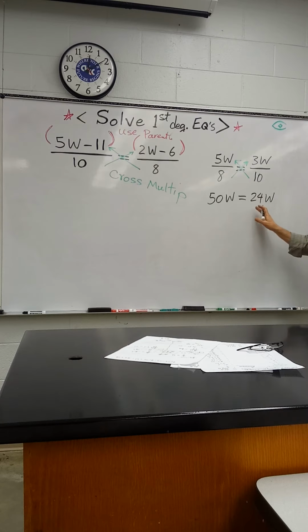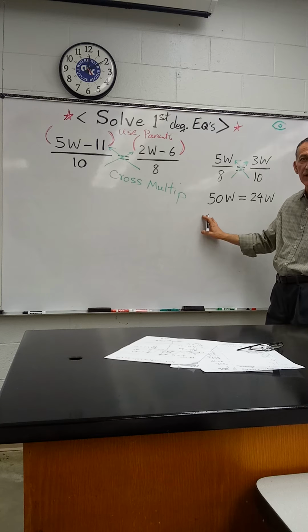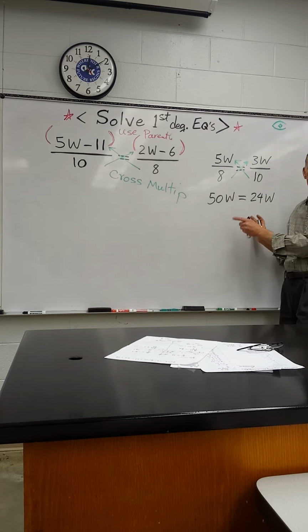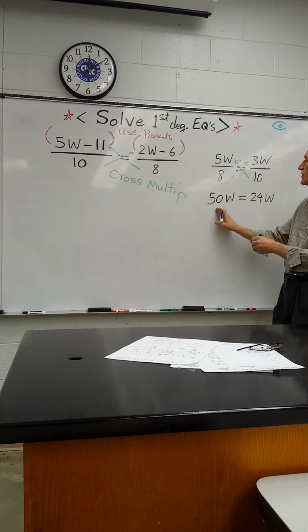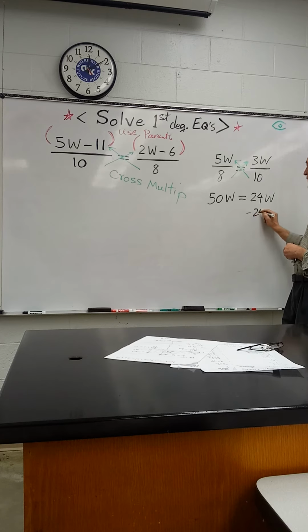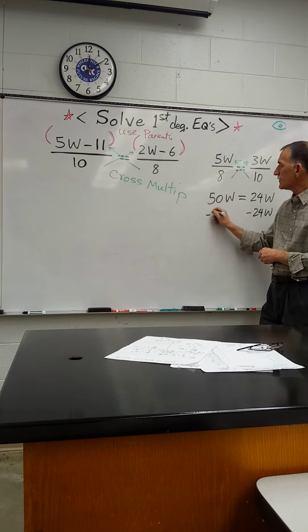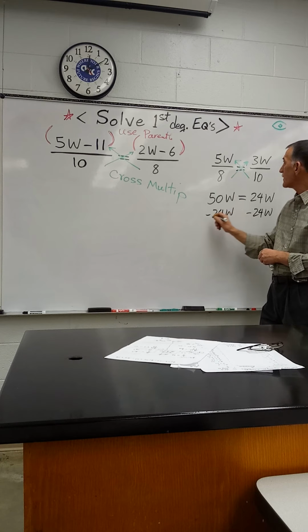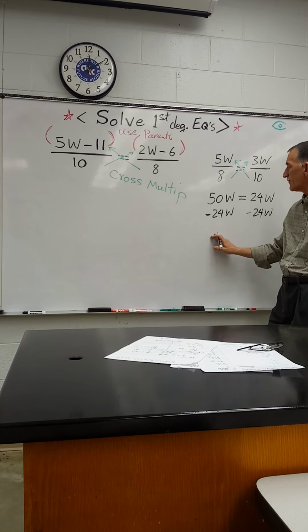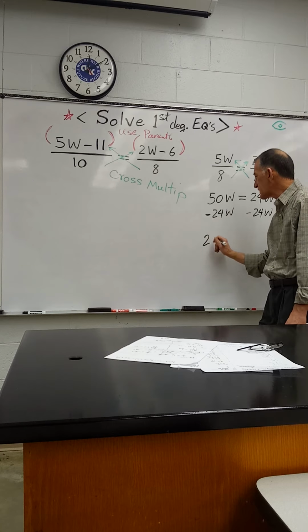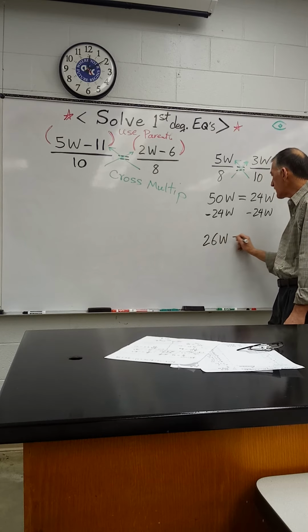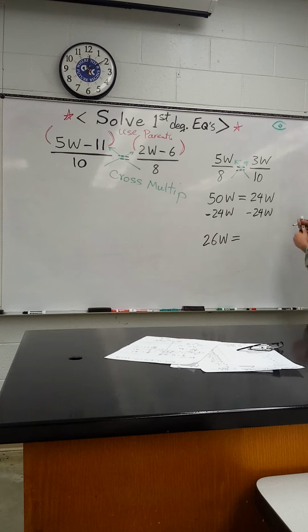Then you have to move all the w to the left side. This is a very good example right here. So move the w to the other side, so that's negative 24w and negative 24w. So therefore, we're going to have 26w equal to, guess what guys, on this side it's going to give you 0.